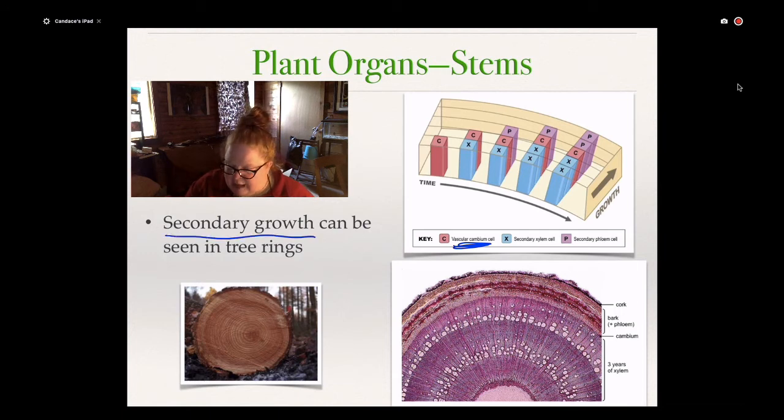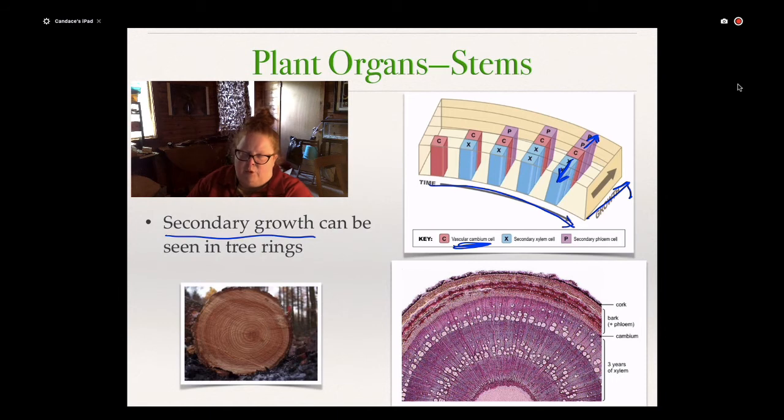So as time goes by, the tree grows outward, and it does that by xylem layers growing toward the center and phloem layers growing out, and overall that pushes the width of the tree outward. And so we see that in rings. If you want to learn more about this, there's tons of information out there, but it can get pretty complicated and it's beyond what we need to know. But it is nice to think, okay, I can think about tree rings and understanding that's secondary growth as the plant moves outward.